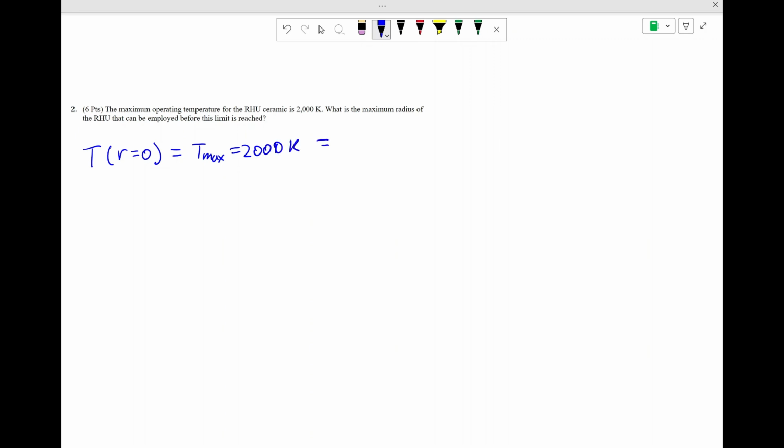And that's going to equal the temperature evaluated at R equals 0. Plugging R equals 0 into our formula here, we have q dot triple prime over 4k times R squared plus q dot triple prime R over 2 epsilon sigma plus Tc to the fourth, and all of that to the 1/4 power.